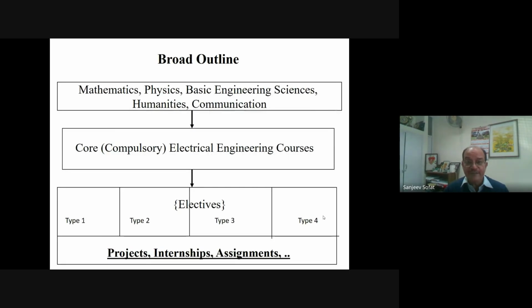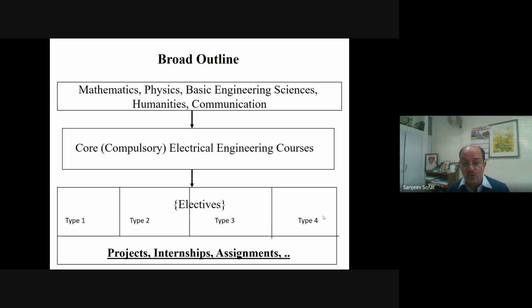These are the broad outlines. In the broad outlines, we have some basic courses: mathematics, physics, basic engineering sciences, humanities, and communication. Then next, we have the core courses.